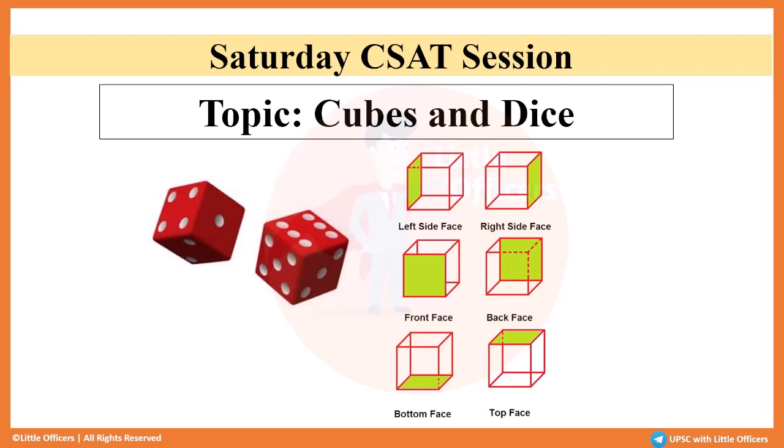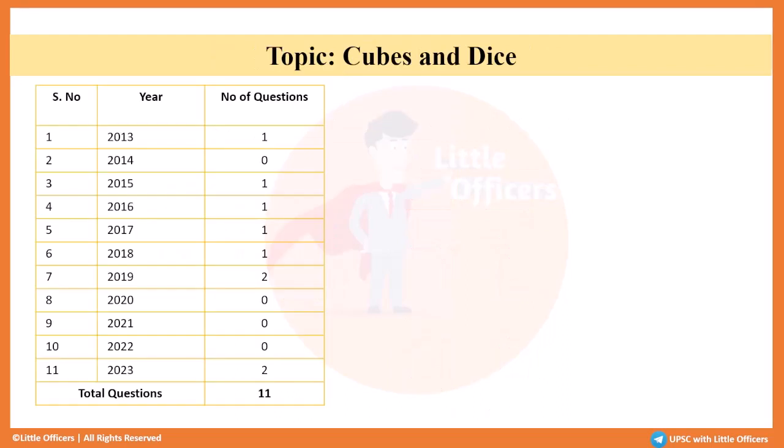I've done a little bit of research on it as usual. In the past 11 years, there were 11 questions from this particular section. That means on average, you can expect one question per year. However, this is not so consistent. Till 2019, the questions are almost consistent. At least you can expect one question, barring 2014, and in 2019 two questions were there. Then for 3 years, there was no question asked from this section.